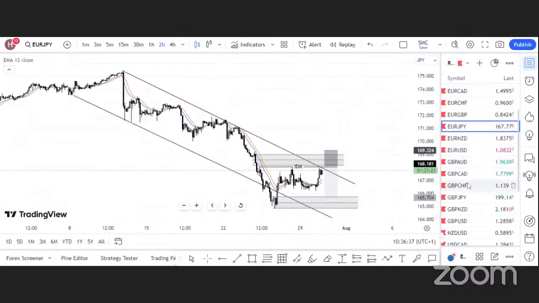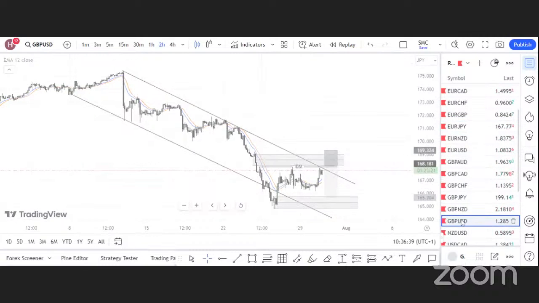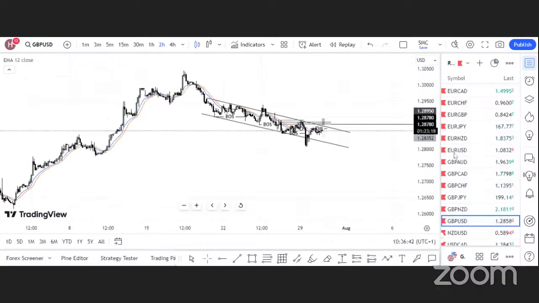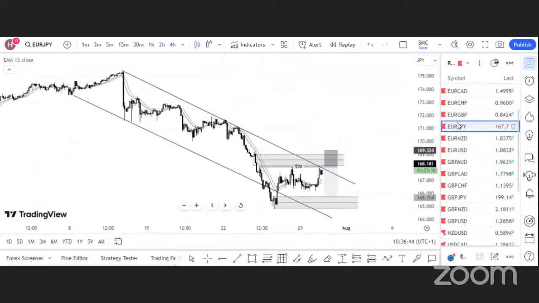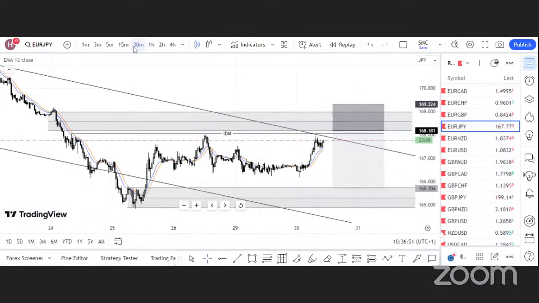All right, so we have analysis on GBP USD, and then we have analysis on Euro JPY. Whichever one triggers first before the end of our session, we take advantage of whichever one triggers.